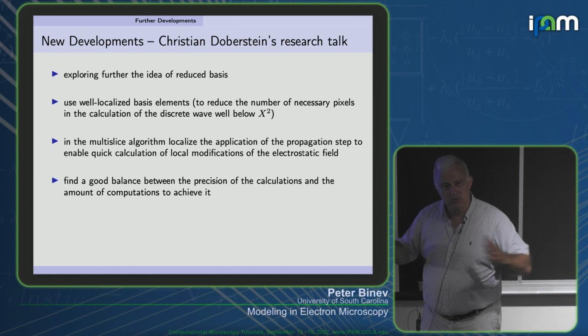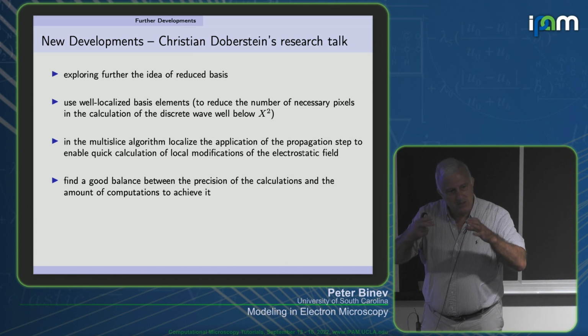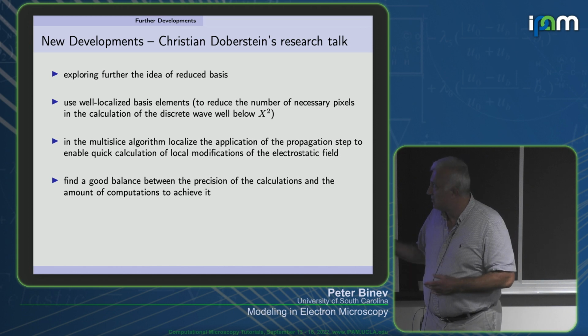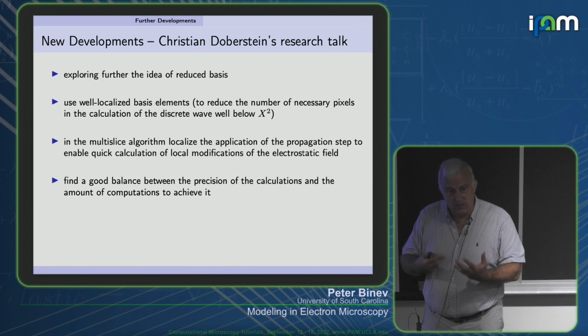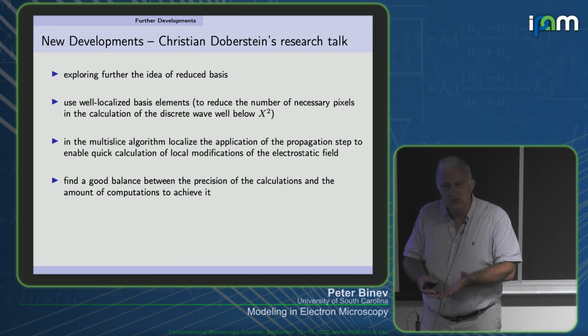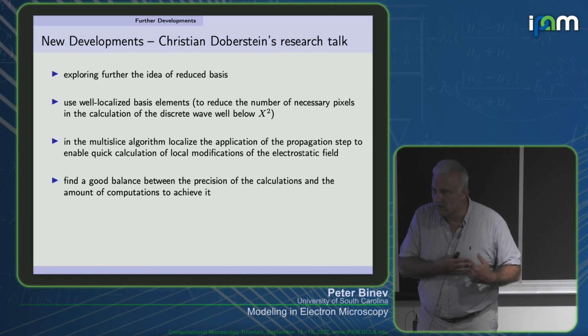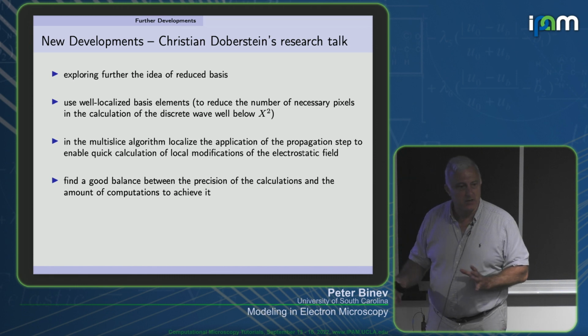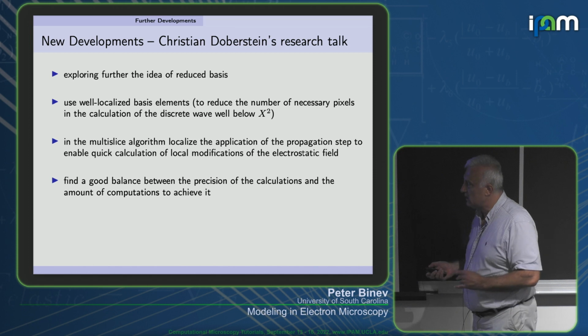We can ignore a significant part of them and calculate only a small part. So it is again using the idea of the reduced basis, but now we have a good reduced basis which we don't need to know on a mesh that is too big.